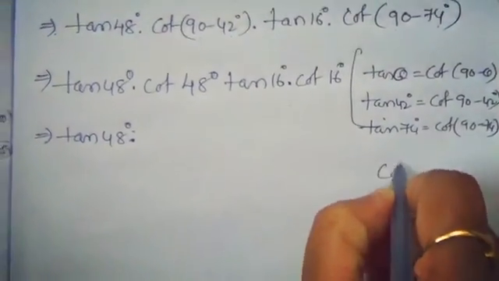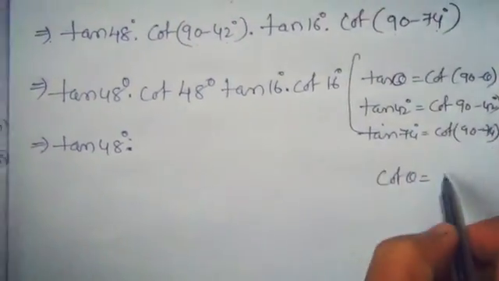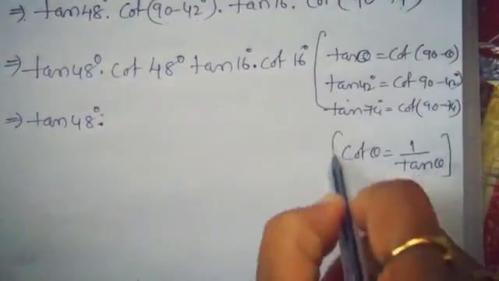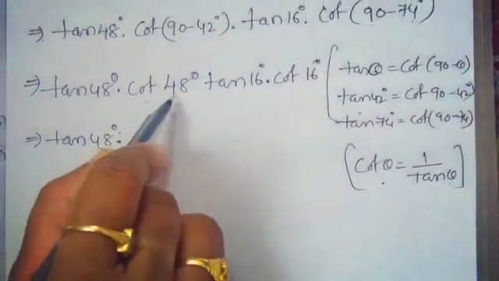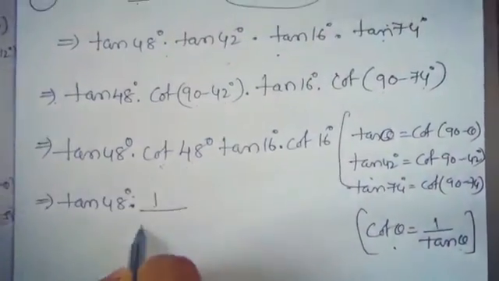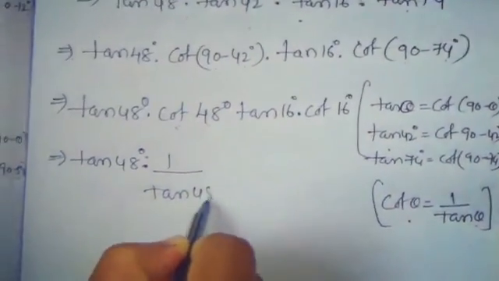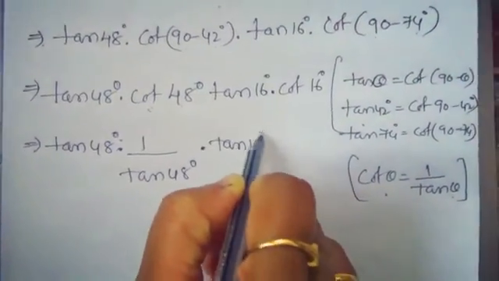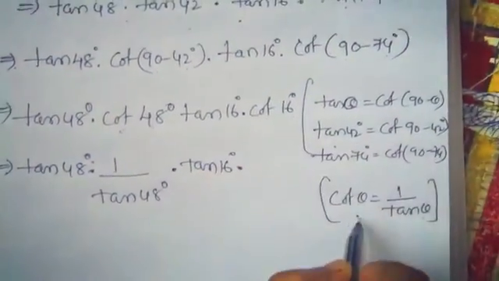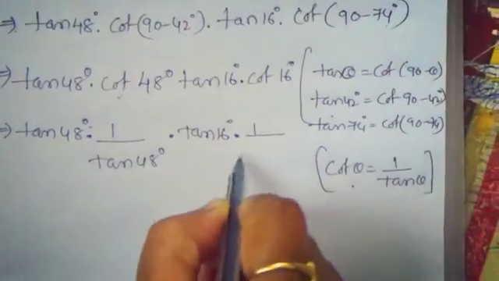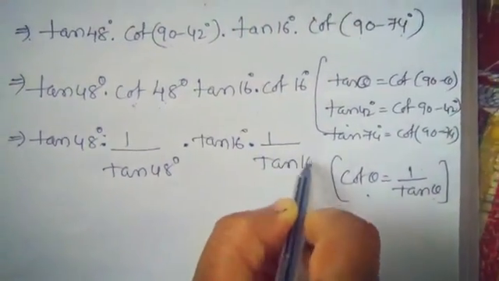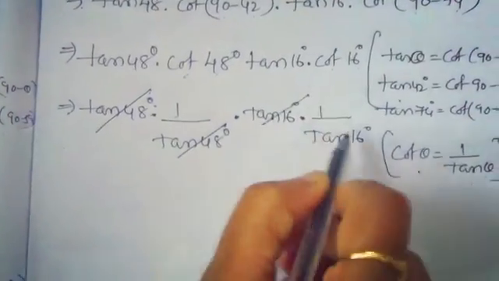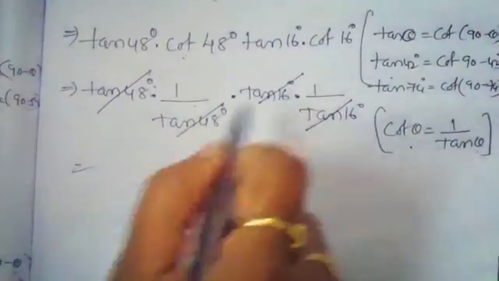I have to write cot theta is equal to, from the first exercise, 1 by tan theta. The reciprocal of tan is nothing but cot, right? In the place of this cot theta, I am writing 1 by tan 48 degrees into tan 16 degrees into cot 16. I want to write 1 by tan 16 degrees. So tan 48, tan 48, tan 16, tan 16 cancel. 1 into 1, 1.